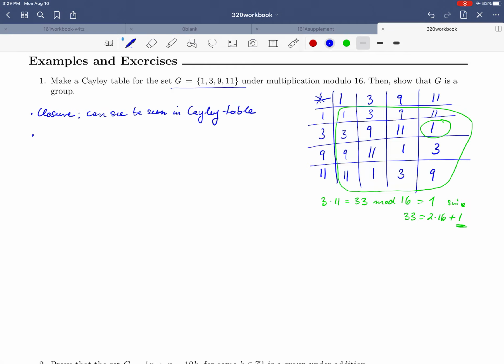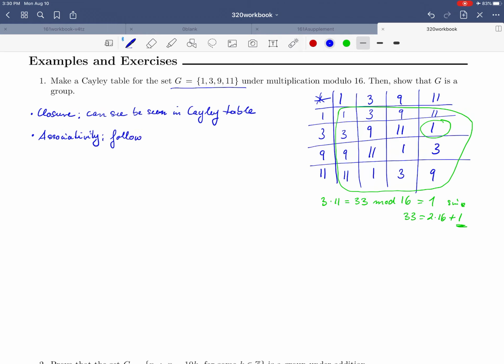Okay, what else do we have to show? A group has to be associative. Associativity. If we wanted to show that element by element, or 3 elements at a time, that would take forever. But really, multiplication is associative, we know that, in Z. And since our group G really is a subset of Z, we get associativity for free.